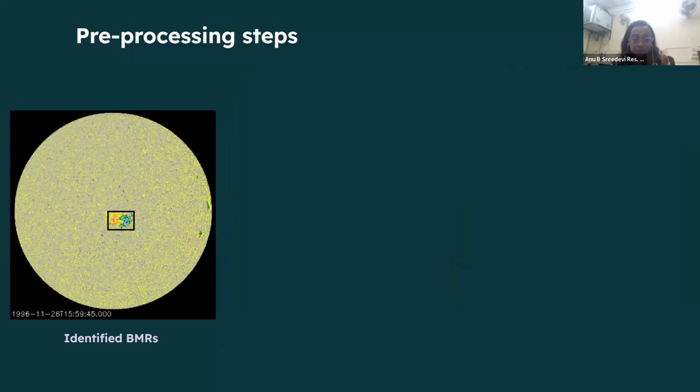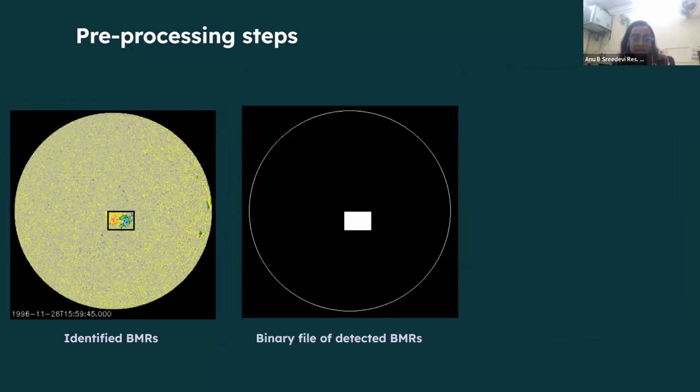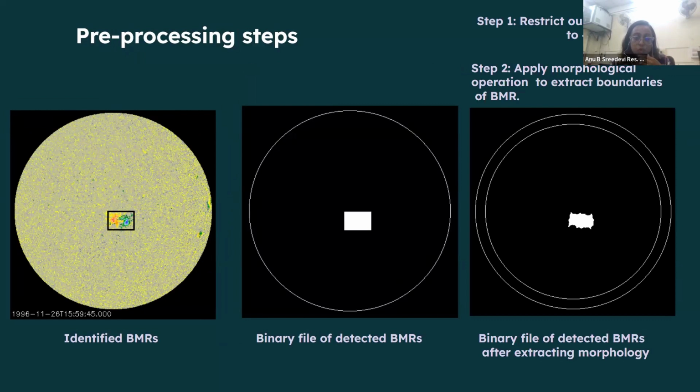One more step is that we have to extract the boundary of the BMR for efficient tracking. So we use morphological operations to extract the boundaries of the BMR, and we also restrict our analysis to less than 0.9 radius of the Sun to avoid the projection effects and other issues. So it's just to get clean data, you can say.